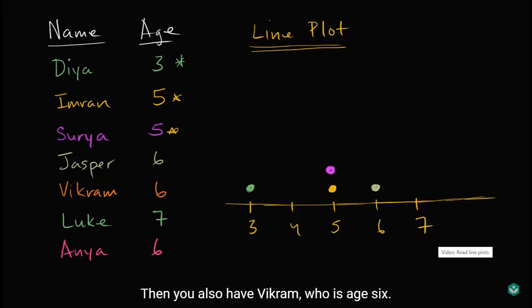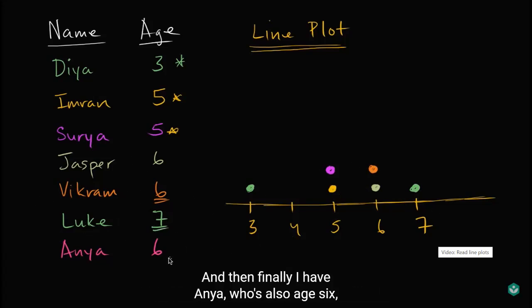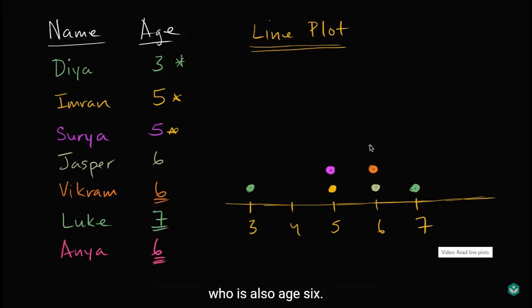Then you also have Vikram, who is age 6. So let's put him in the age 6 bucket. Then we have Luke, who is 7. So that would be a dot right over there. And then finally, I have Anya, who's also age 6.